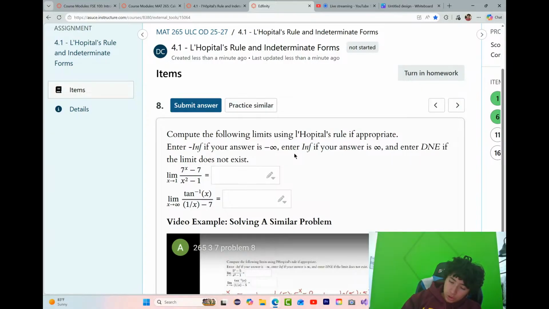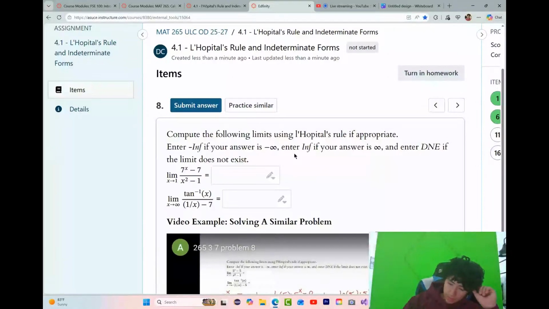So, applying L'Hopital's rule, and here we have an exponential function. The derivative is 7 to the power of x times the natural logarithm of 7, over 2x.